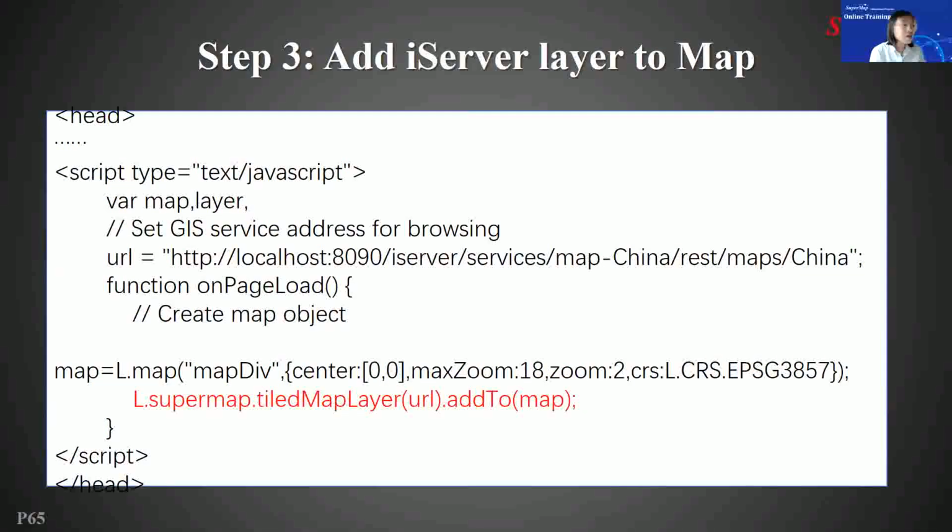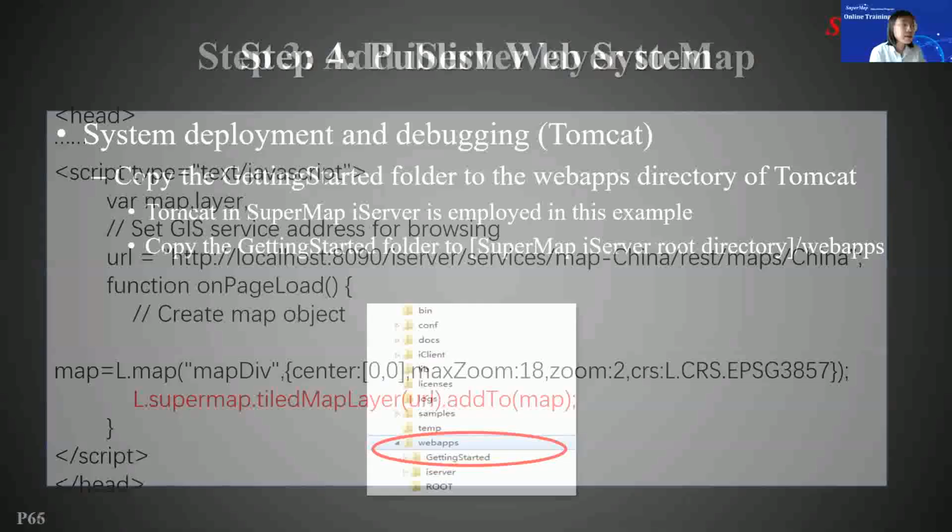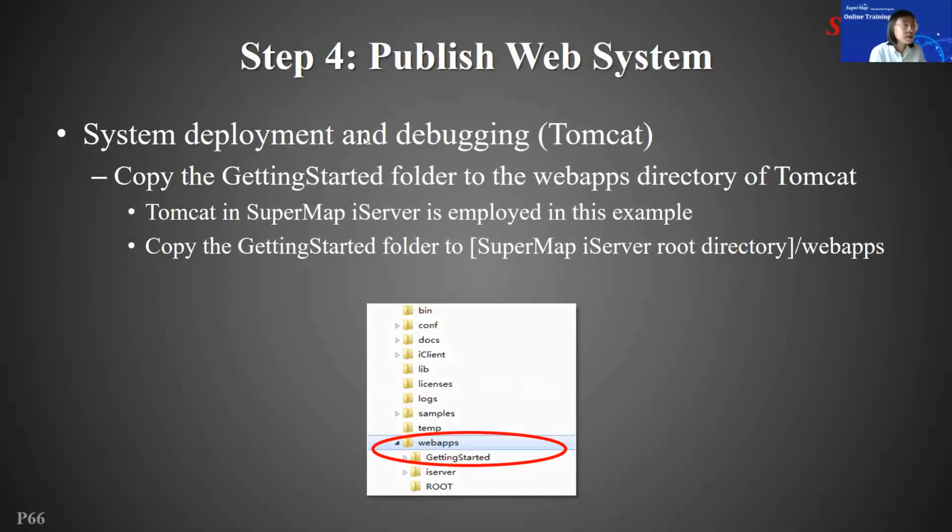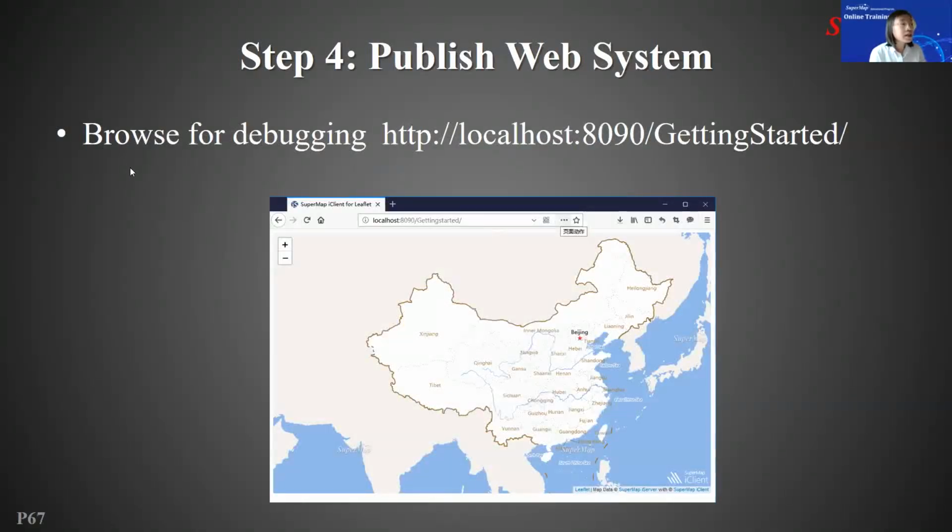This is how to add an iServer layer to the map. After you create the web page, the HTML page, you have to put your project folder under the webapps directory of the iServer. Then you can start debugging using this link.